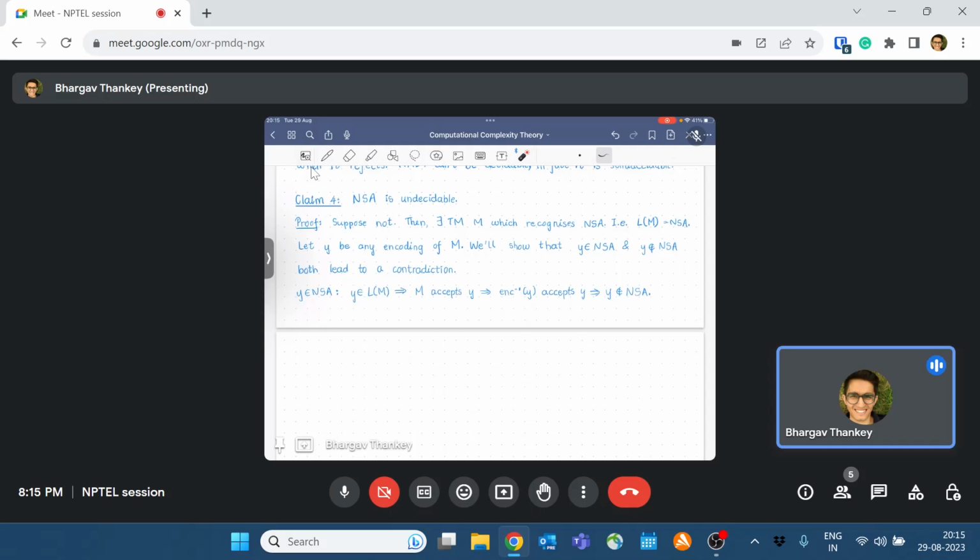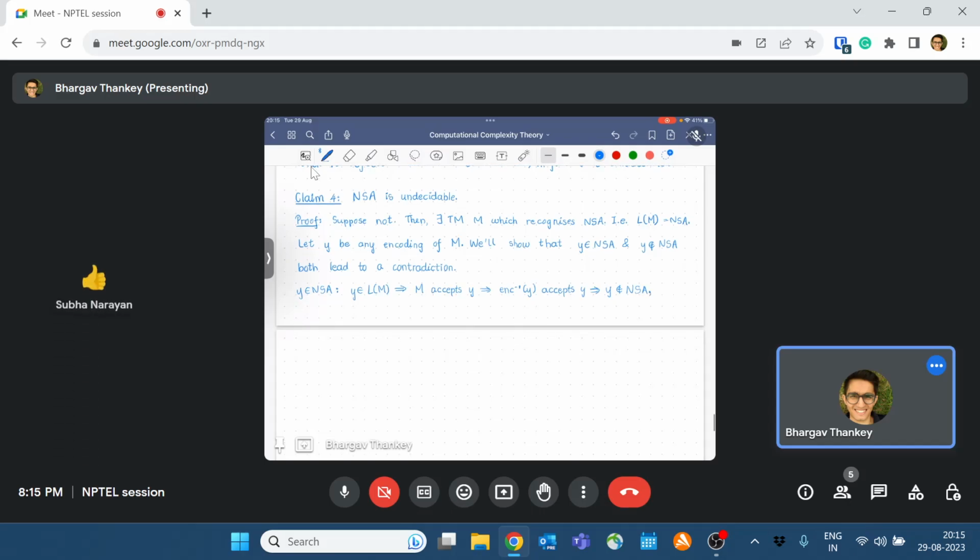So if N inverse Y accepts Y, then Y cannot be in NSA. Is this fine? And this is the contradiction, because we started off with Y in NSA and got to Y not in NSA.